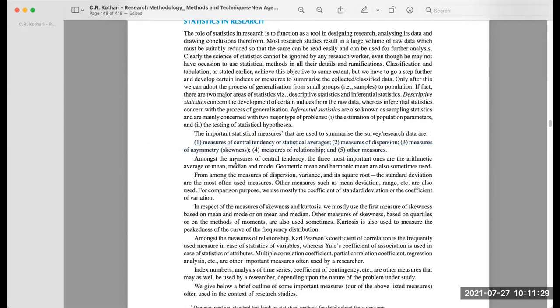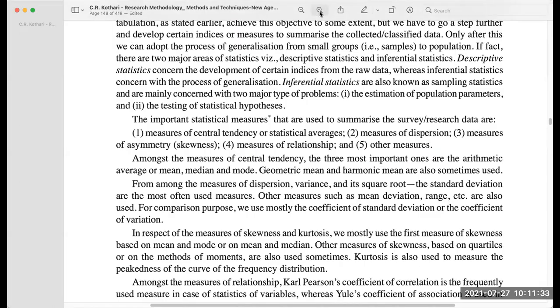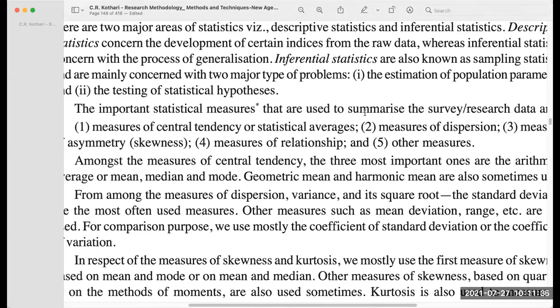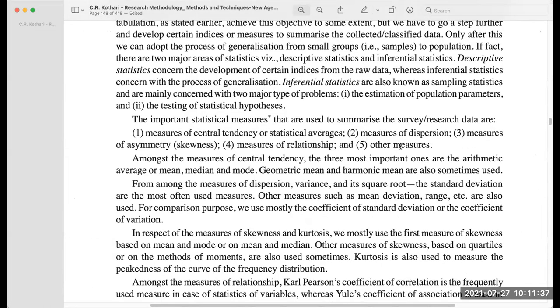Like for the central tendency, we have three important measures, right? Mean, median, and mode. That we have already discussed. Some others also sometimes use the geometric mean or harmonic mean, but they are not of such wide use, or they have very limited application.